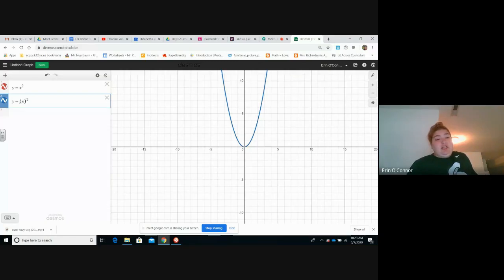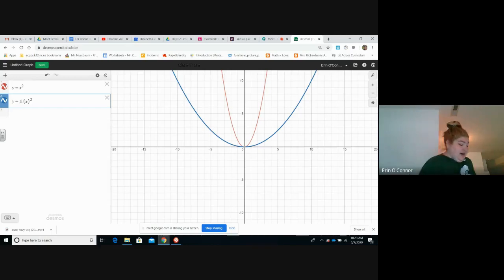So the blue one's going to be the changed one. So 0.5. The blue one is now wider. Let's say 0.1. It's wider. It widens the graph or vertically shrinks the graph.